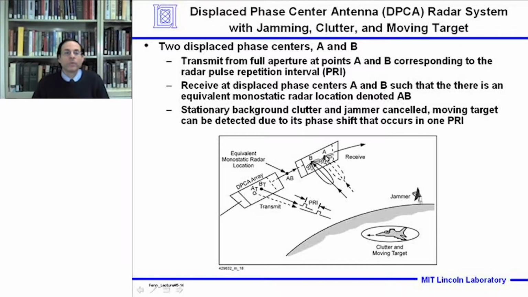So we start out by receiving initially at phase center position A, and then when the next pulse comes back, separated by the PRI, we move the phase center back to position B. And so what we're doing is forming an equivalent monostatic radar location, denoted AB, at this point shown here, such that the radar sees stationary clutter, and that can be canceled. And so we're able to detect the moving target because of the change in phase that occurs in 1 PRI.